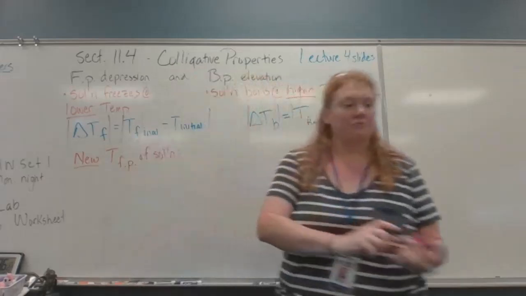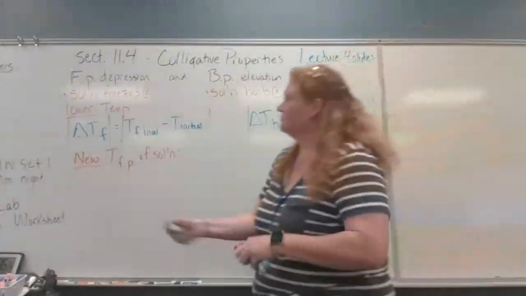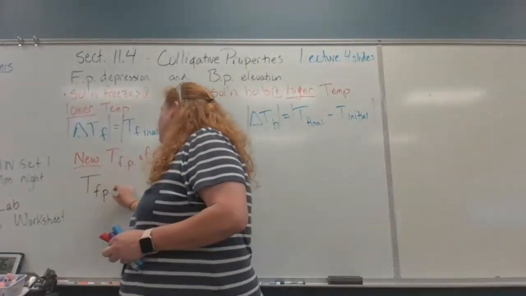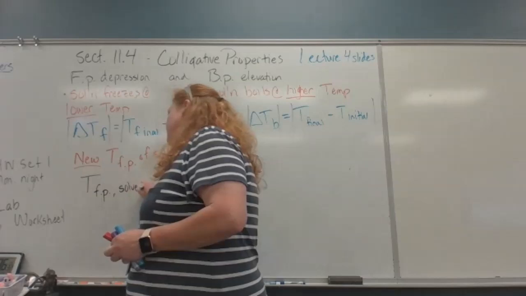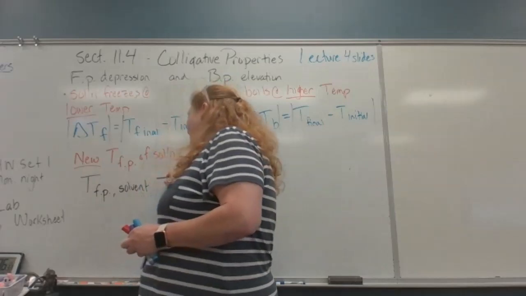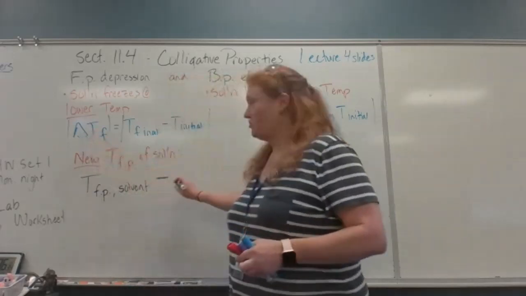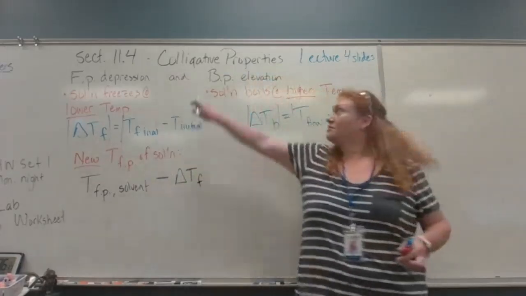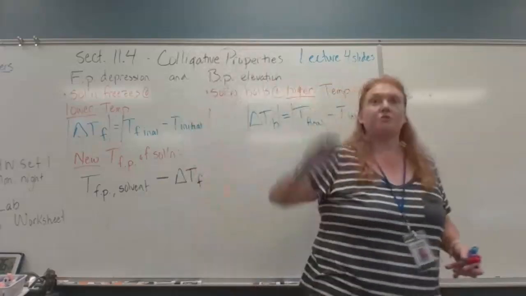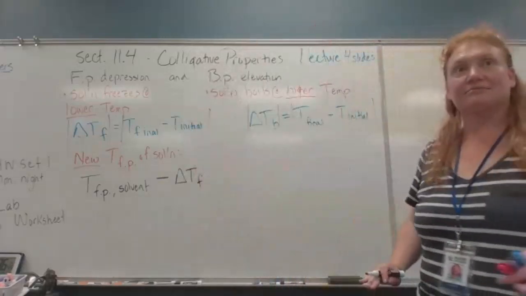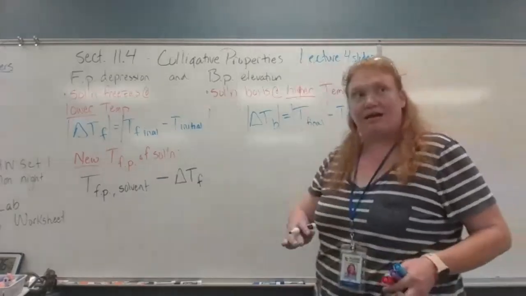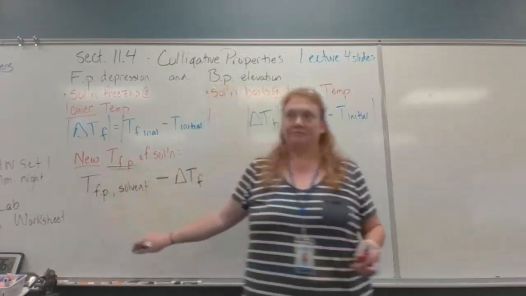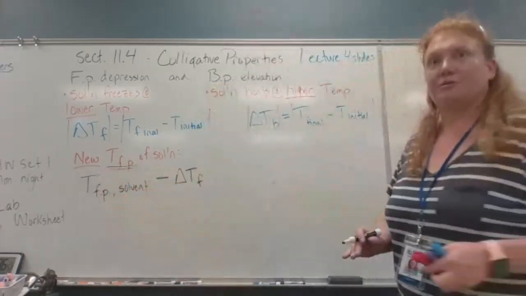With that information, you're taking the freezing point of the pure solvent, and you are subtracting that change you just calculated. Depression, lowers, subtract, yes? Subtract. And that gives you the new freezing point, the lowered freezing point.